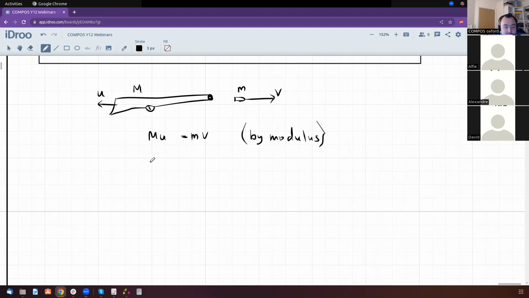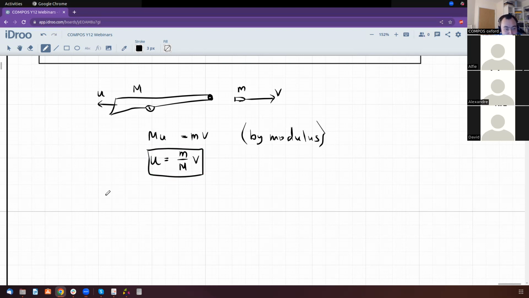Okay, that means we can express u as m over M capital times v. Right. So basically what it says is that the velocity of the rifle is a fraction of the velocity of the bullet, and the fraction is equal to the ratio of the masses.